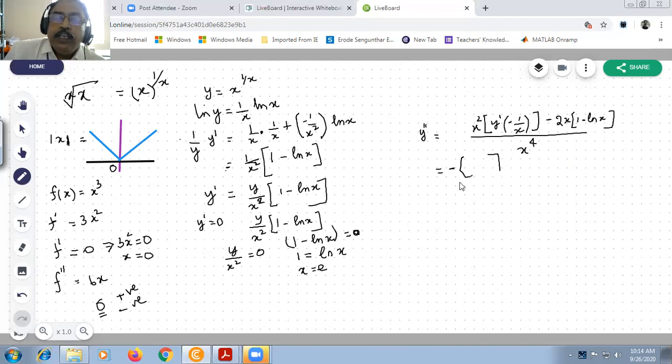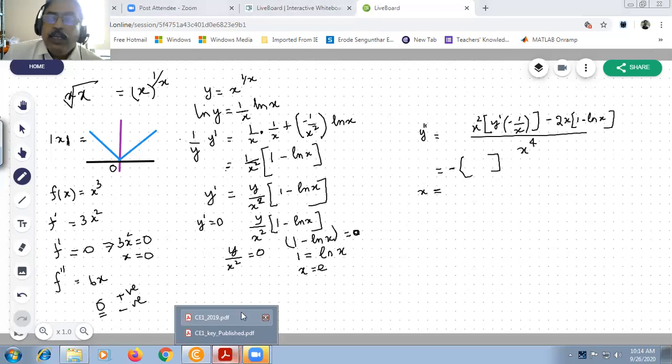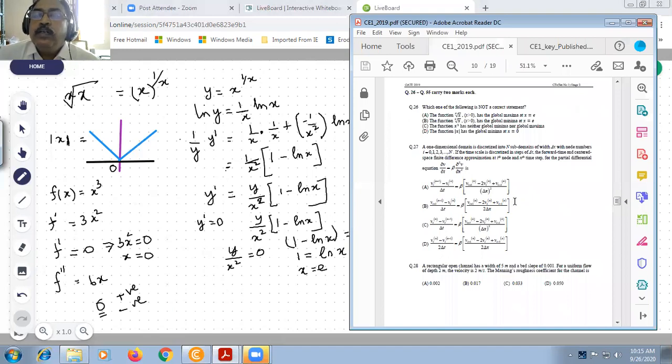So you take the minus sign outside, minus sign into the function. So definitely x equal to e is global maxima. Okay. So it is a global maxima. Which one is not correct? B is not correct.